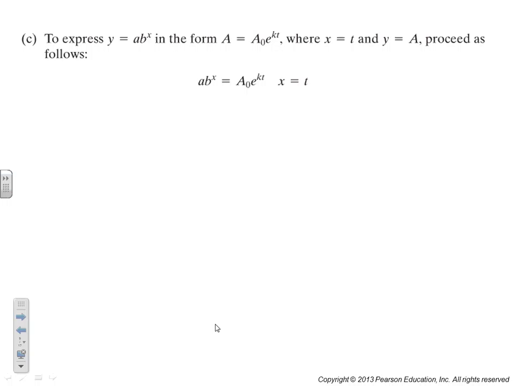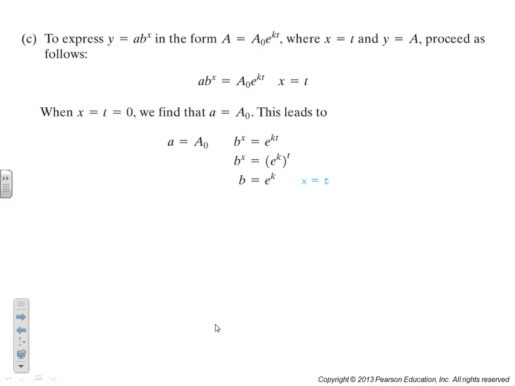All right, so we write it as a sub 0 e to the kt. We're going to let x equal t. And when x is equal to t, which is equal to 0, we find that a is equal to a sub 0. So if a is equal to a sub 0, then b to the x is equal to e to the kt.